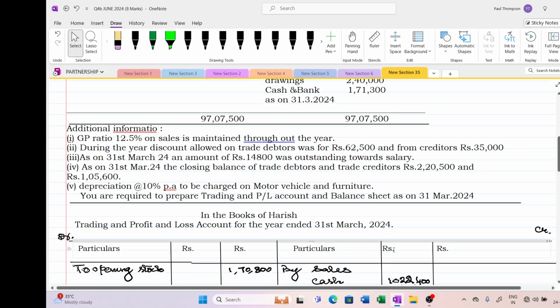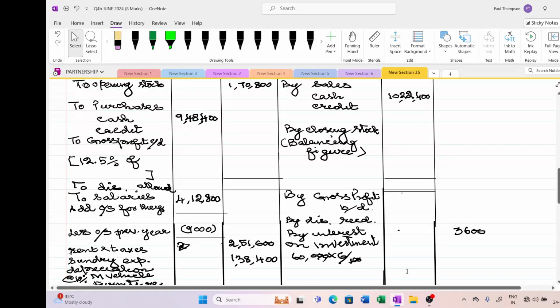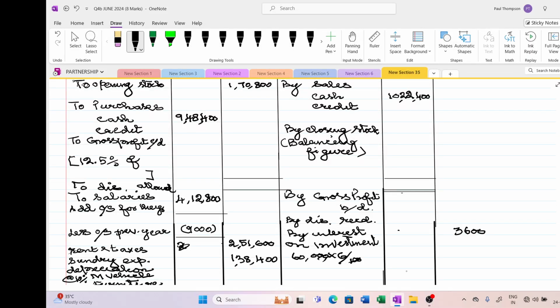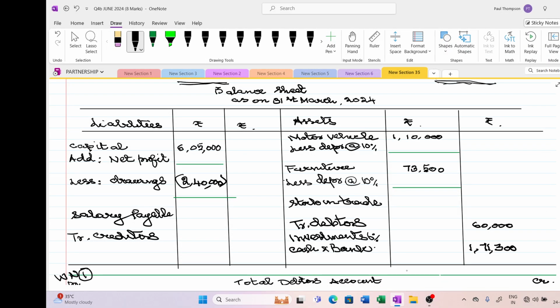As on 31st March 24, an amount of 14,800 is outstanding salary for the current year. So you have to add the current year outstanding salary. The moment you add it here, you have to take it to your balance sheet also, otherwise you will forget it. In the same way, we have done the discount received and allowed.